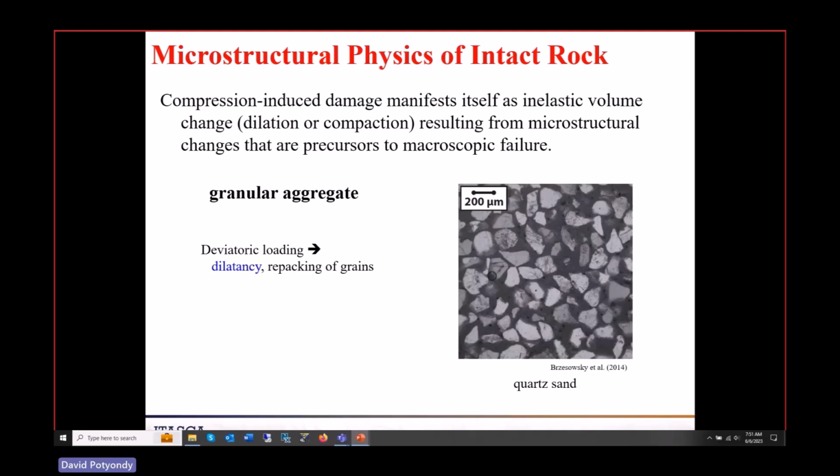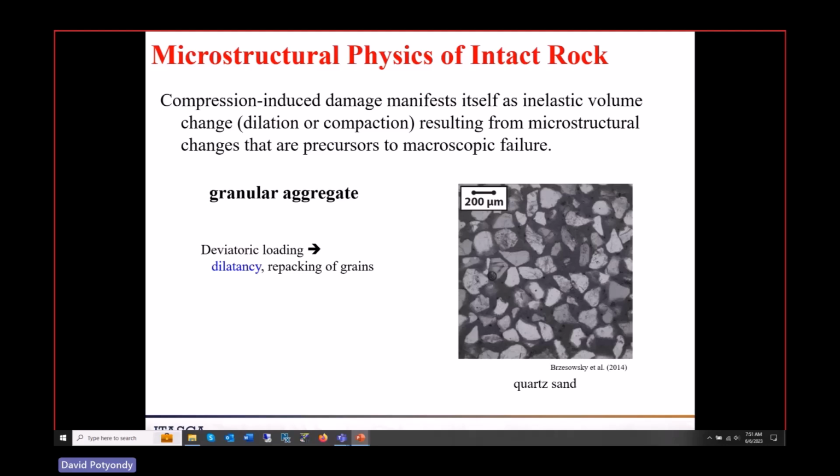Okay, so let's talk about a granular system versus a more compact system. This is just a granular sand. If we apply deviatoric loading, that means we're compressing with one value of stress and confining it with a different value.